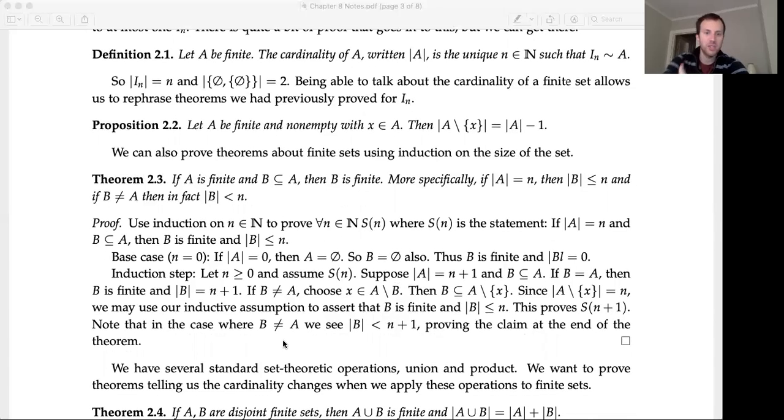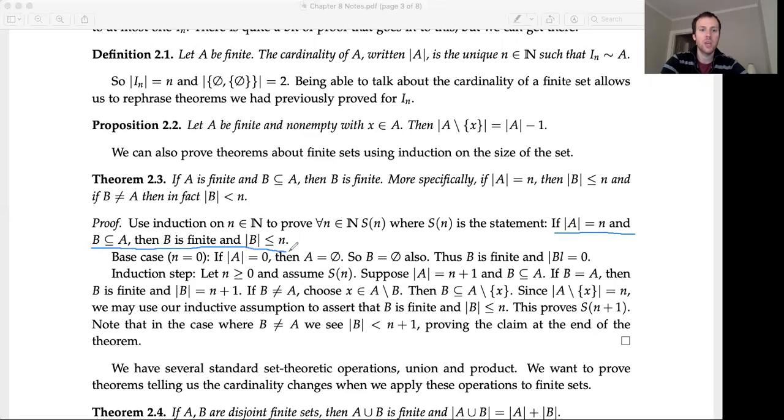In the inductive step, we pick some n greater than or equal to 0 and assume that this property is true for the n that we picked.